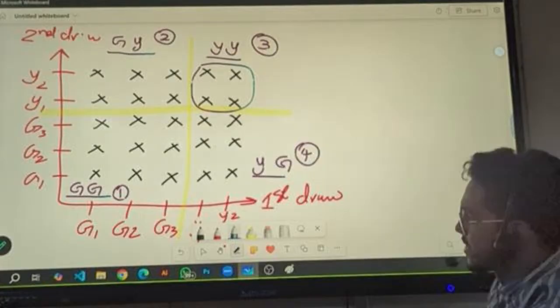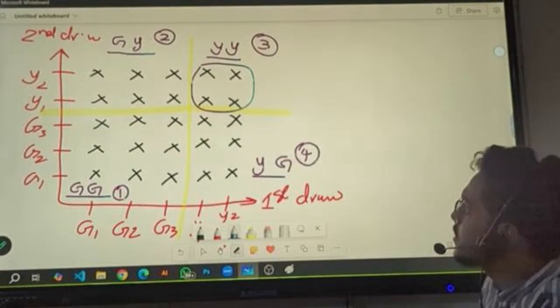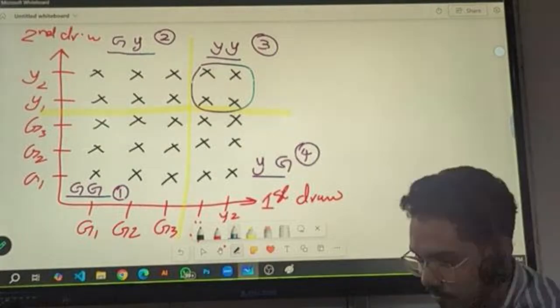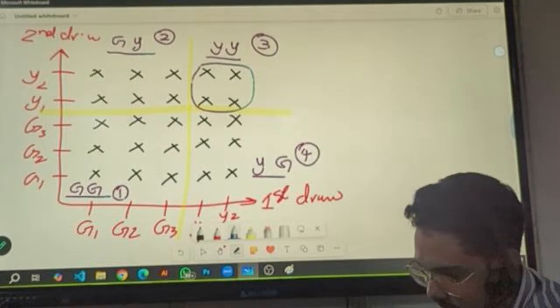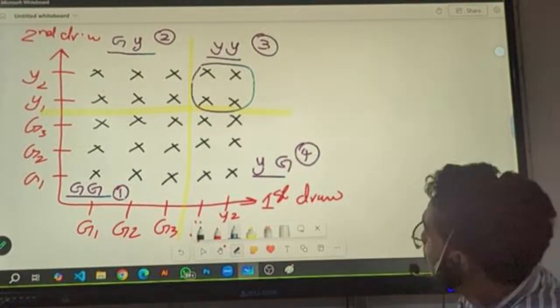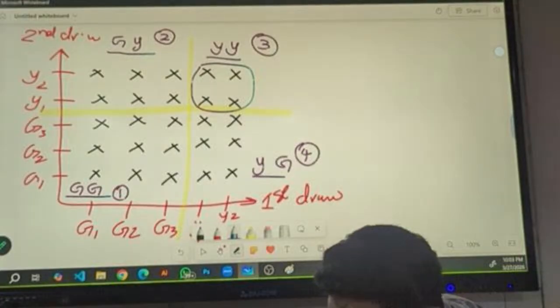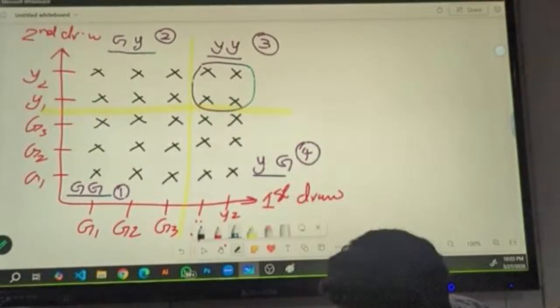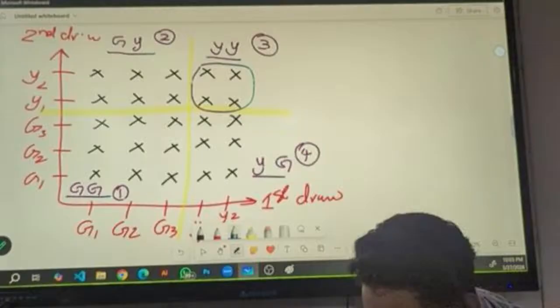I'm just saying the same color in both draws. So what are the sections we have to go with? Well done, 1 and 3. So the answer is going to be as shown. Everyone understood this. Good job. Yes, correct. Anyone has a doubt?